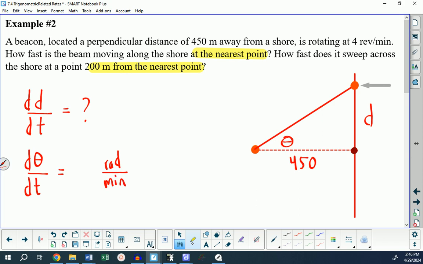We don't have to go rads per second. You can go rads per minute. Any idea what we can do there? Well, how many radians is a full revolution? 2 pi. So this is 8 pi rads per minute.